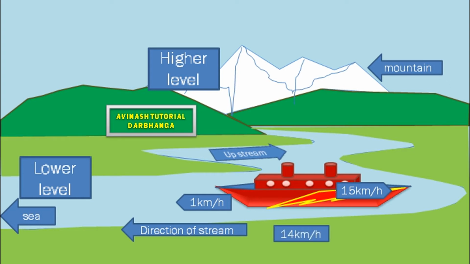Because the steamer will move 15 km in a direction opposite to the flow of water, whereas the flowing water will bring it back 1 km in a direction towards the flowing water, due to which the steamer will only be able to cover 14 km in 1 hour. So you must remember that while going upstream, we subtract the speed of the stream from the speed of the steamer in still water. Here 15 minus 1 kilometer is equal to 14 kilometer.